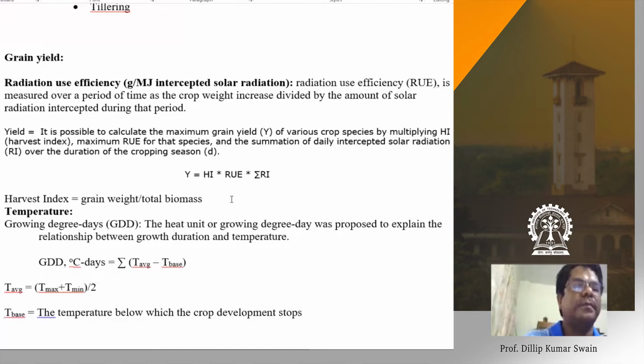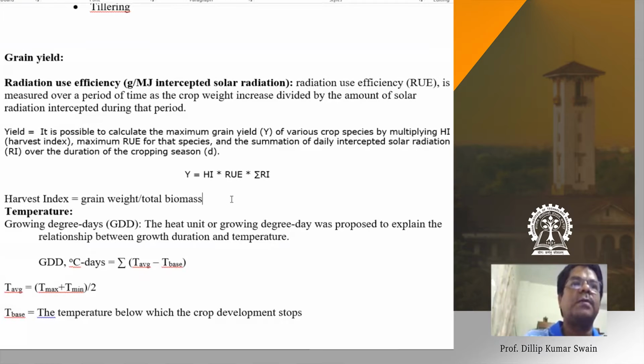Sir, can you please explain again what is the relation between the angle in which leaves are arranged in the plant and the extinction coefficient? Yeah, extinction coefficients are calculated for different crops, because the leaf angle determines the light interception by the crop.